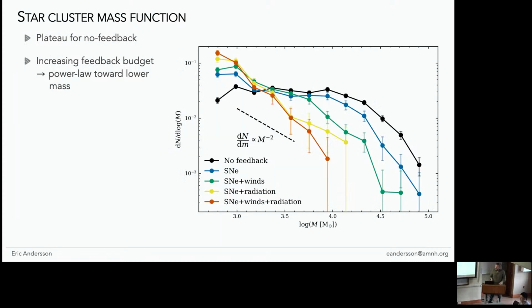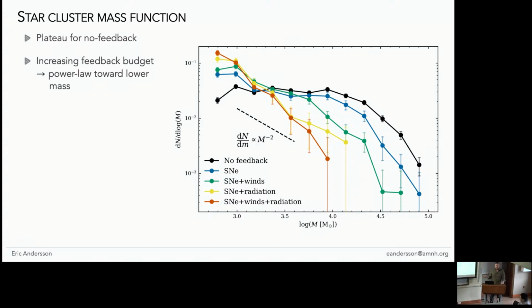So without further ado, here is the mass function from these simulations. Again, the logarithm of the star cluster mass, and this is just the distribution. We can start by just looking at this black line here. This is the simulation without any feedback. What you get is a plateau here, and then it turns off into what I would argue is a power law at the upper end.